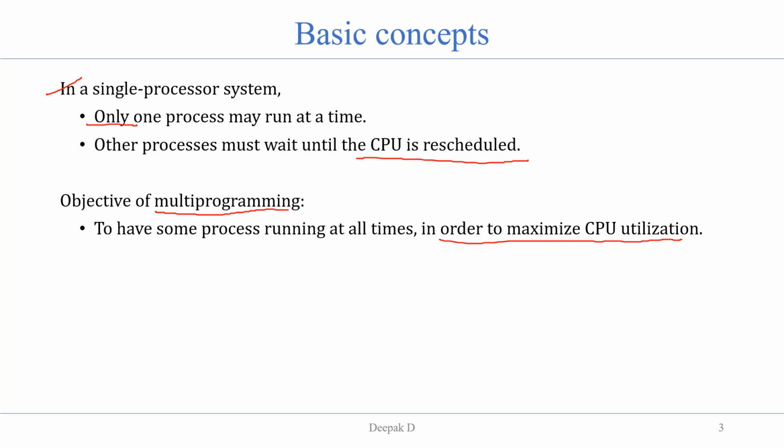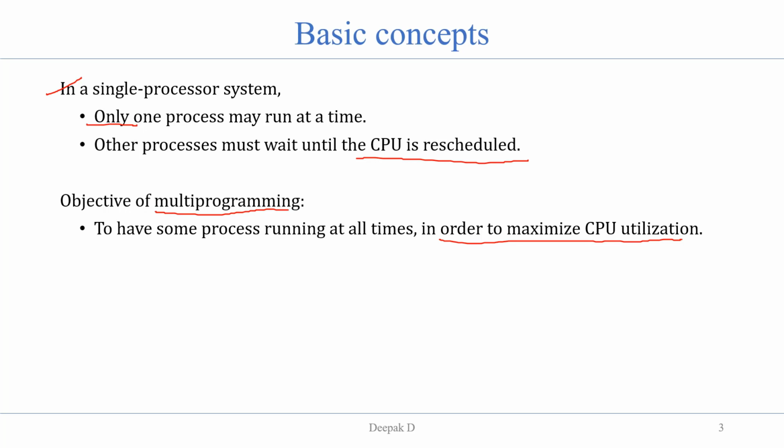How does it happen? By keeping several processes in memory at one time. Whenever one process has to wait for IO operations, your operating system can take the CPU away from that process and give the CPU to another process.